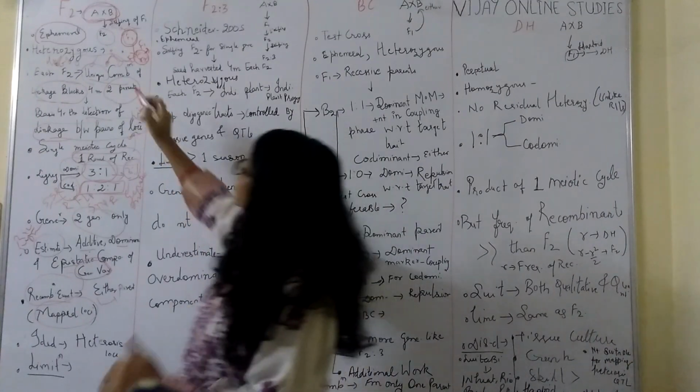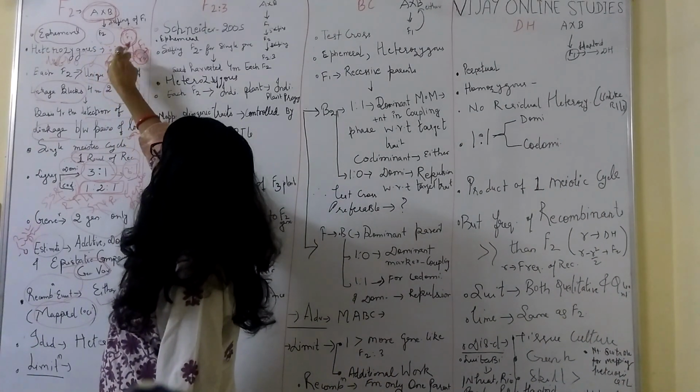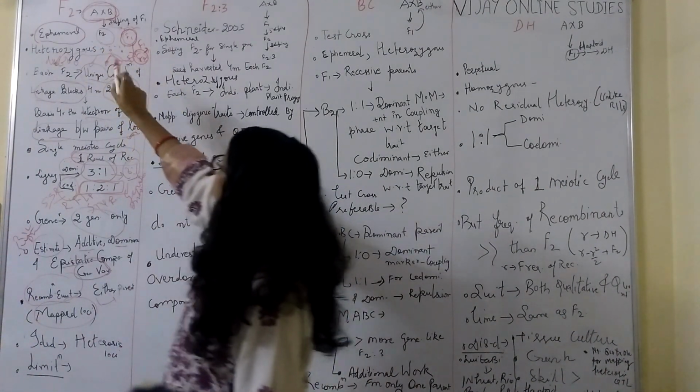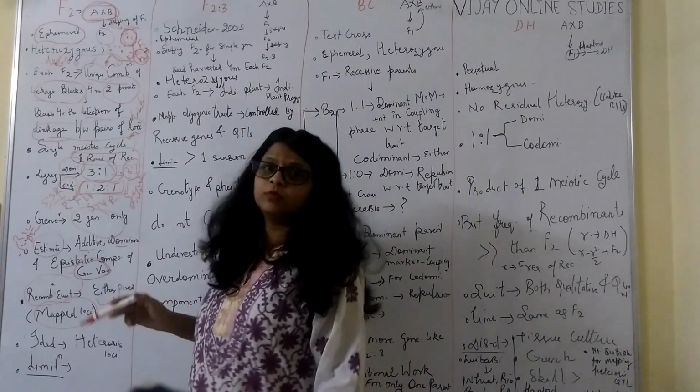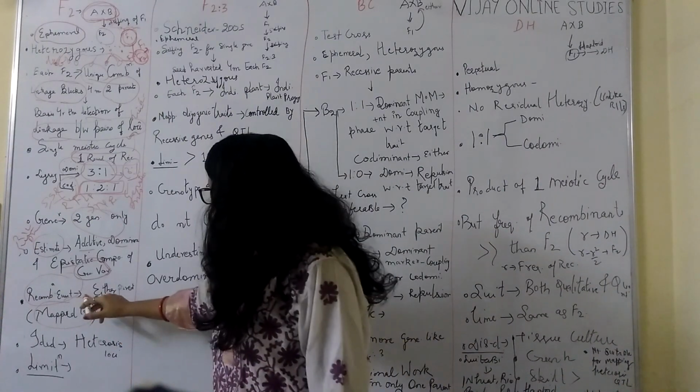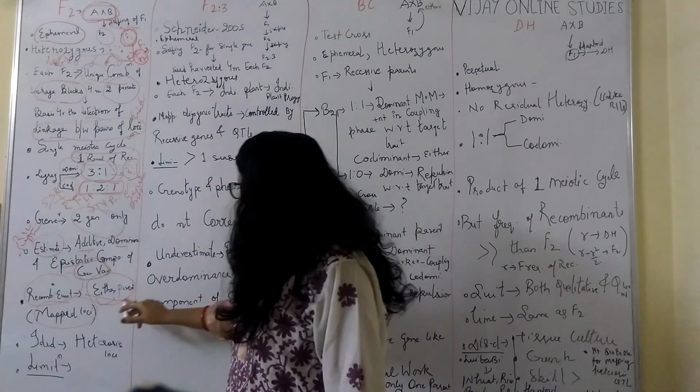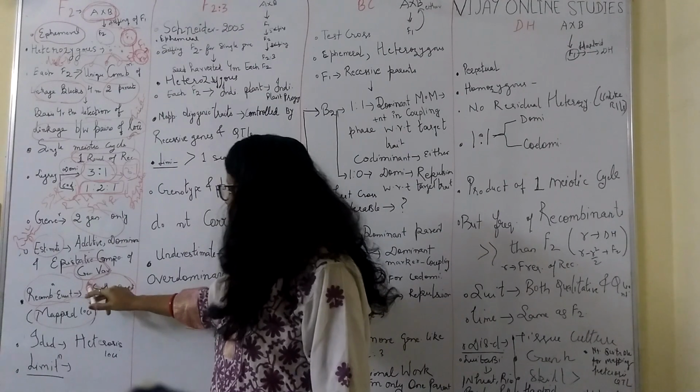In that F2, each individual plant has a different genotype, from either A or B. It's not homozygous, it's heterozygous. That's why the recombination event you are considering, you are getting from either of the pair.